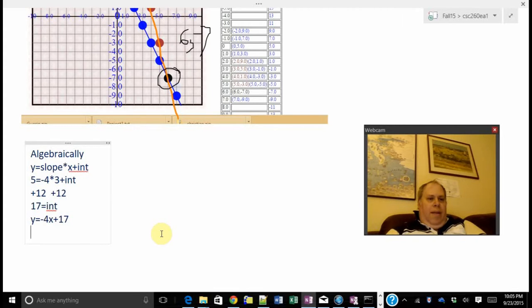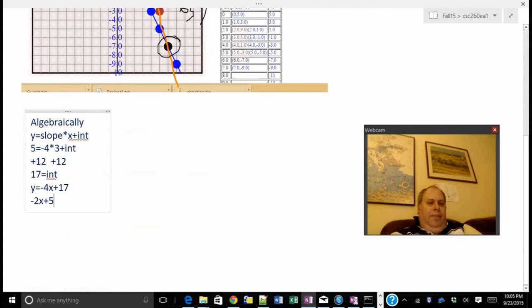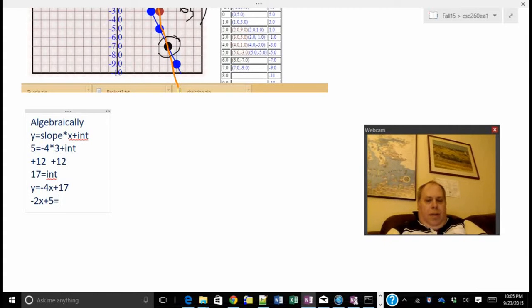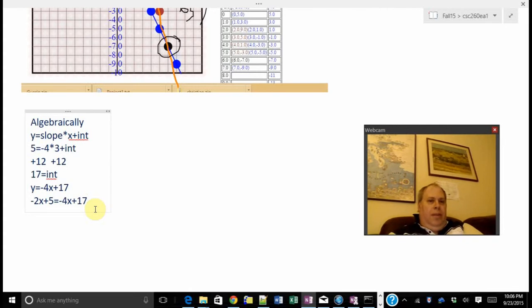So we have negative 2x plus 5, that's our line, equals negative 4x plus 17. So the idea is each of these formulas takes the same x, and if it's an intersection point, well, it should give us equal y's. So that's what we're finding, the x that gives us equal y's when plugged into both formulas.